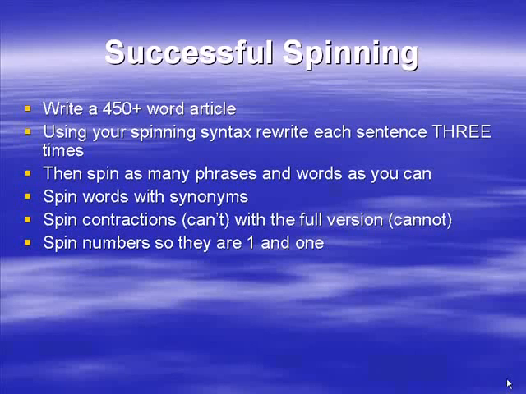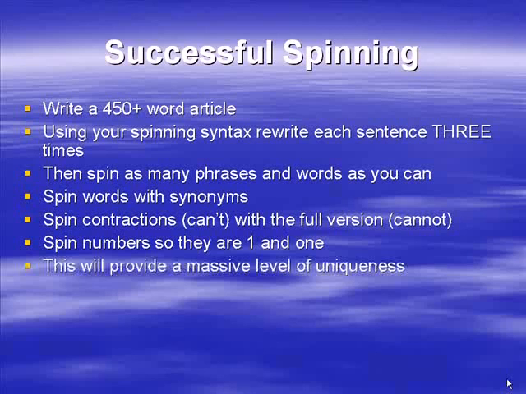Now if you've got numbers, you may spin those between number one and the word one. If you've got lists, you may do those 1, 2, 3, 4, 5, 6, I, V, VI, and so on, or A, B, C, D, E, something like that. So you've got to try and spin as much as you can so it varies and looks different. And if you can do that, then obviously that's going to make the article highly unique.